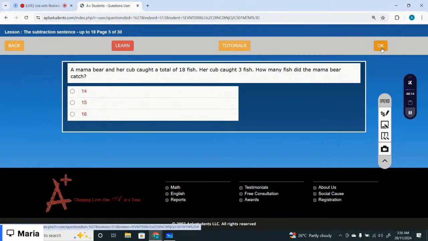A mama bear and her cub caught a total of 18 fish. Her cub caught 3 fish. How many fish did the mama bear catch? So, which is the correct option?